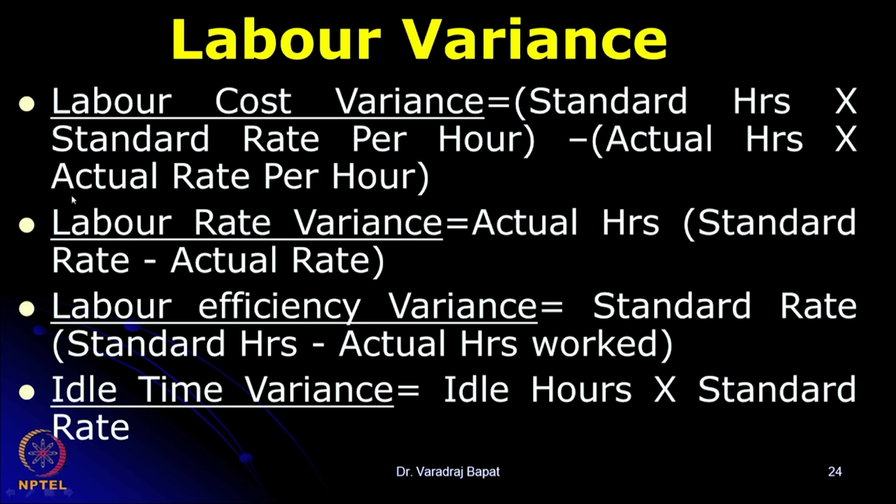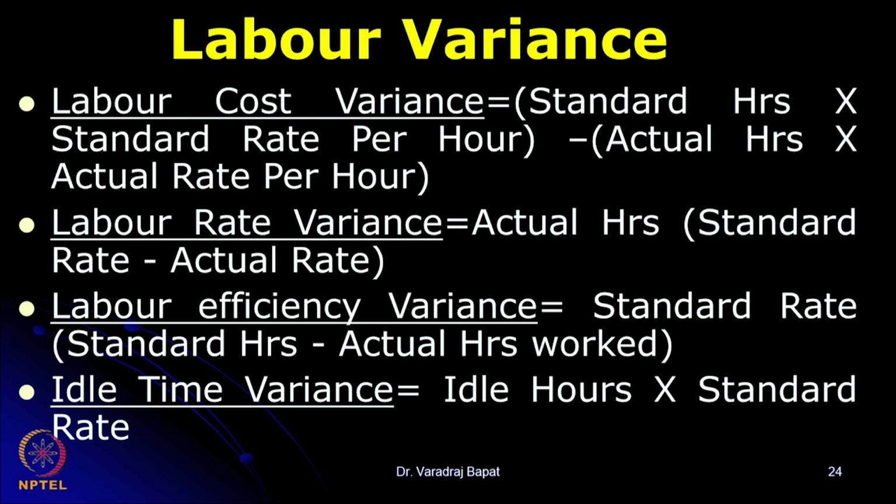So standard hours into standard rate minus actual hours into actual rate. Now it is broken down into rate related issues. Just as in material we had the material price variance, here we have the labor rate variance. So the labor rate variance is equal to actual hours into comparison of labor rates, so standard rate minus actual rate.